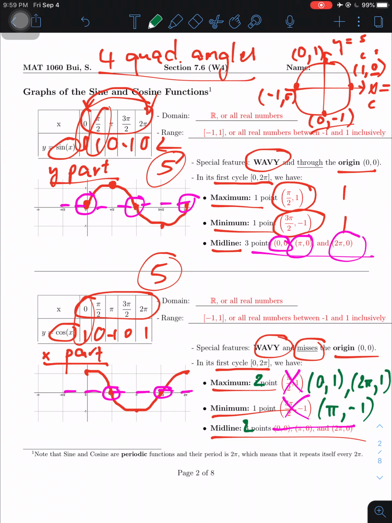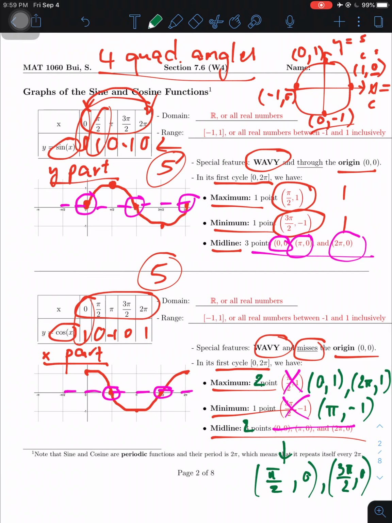We're going to have pi over 2 and 0, and then the other one is 3 pi over 2 and 0, okay? Excuse me, I'm glad I caught this right away before I made it worse.